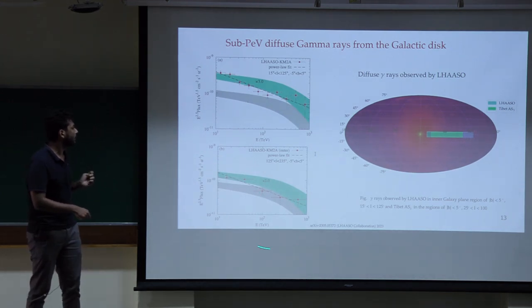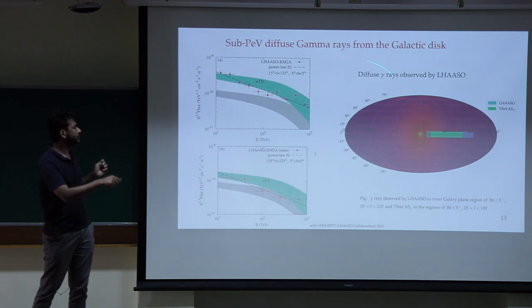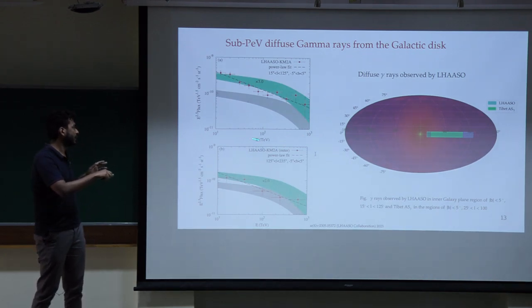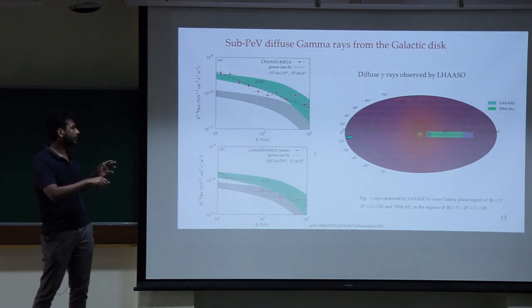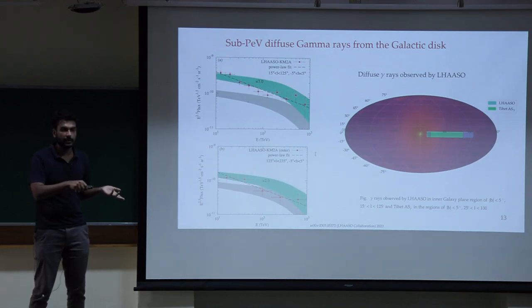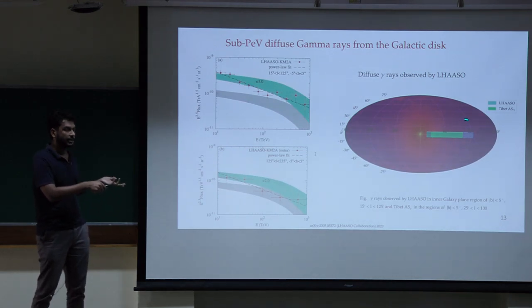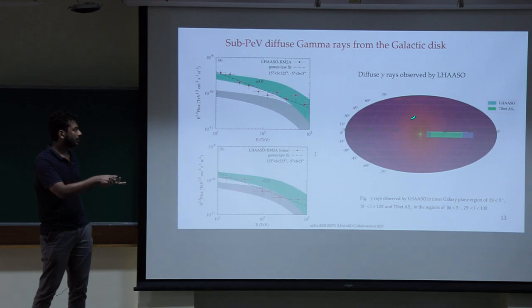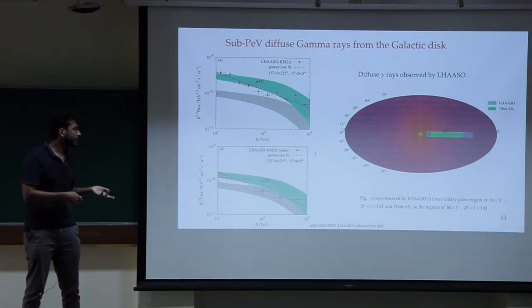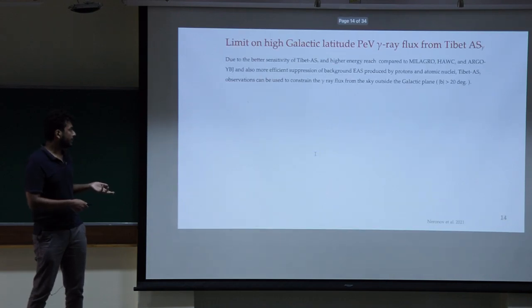So since we are all talking about gamma rays at the galactic disk, what about the gamma rays coming from away from the galactic disk? Dark matter is also there, so we can also search for gamma rays away from the galactic disk. We can do that, but we haven't found any gamma rays away from the galactic disk.